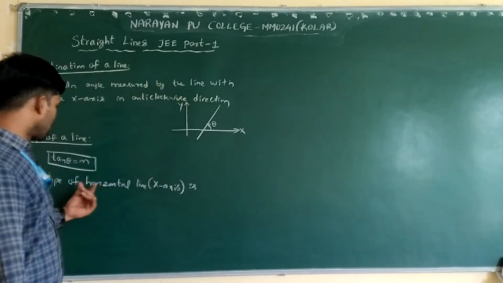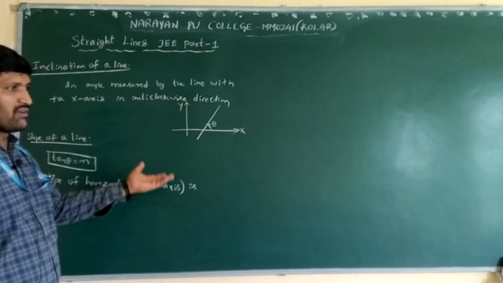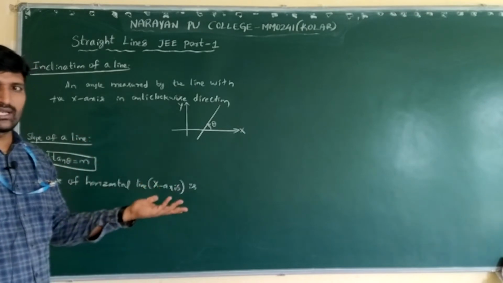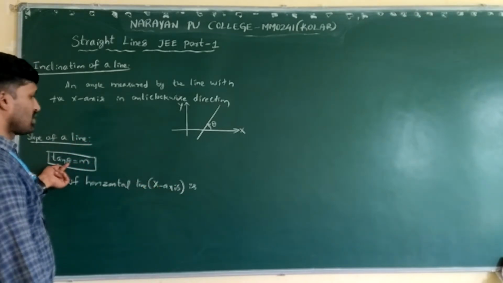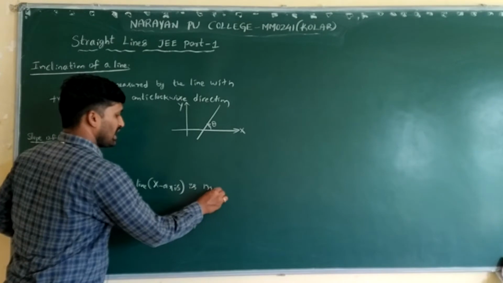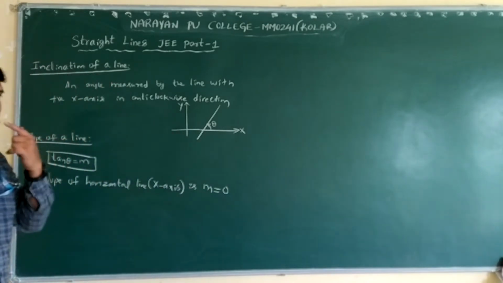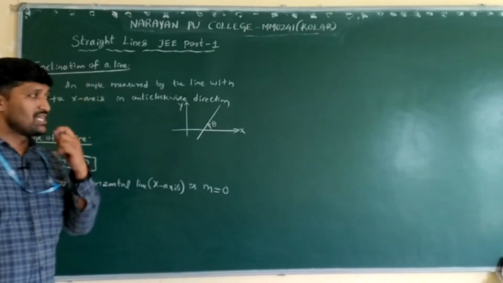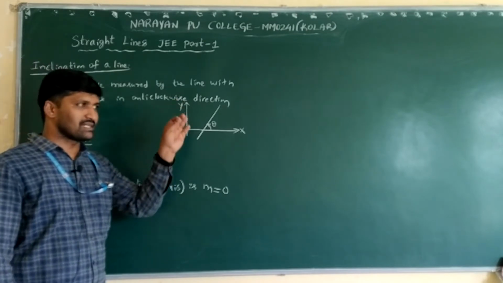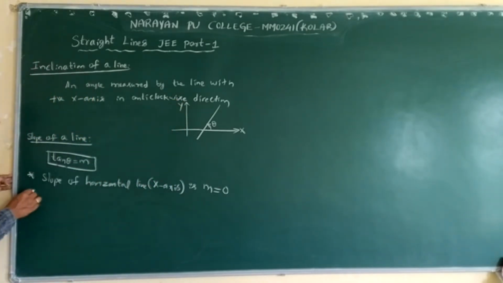Here that line is the x-axis itself, so the angle made with the x-axis is 0. That's why M is equal to tan 0, which is 0. So for every horizontal line, or any line parallel to the x-axis, the slope of that line is clearly 0.